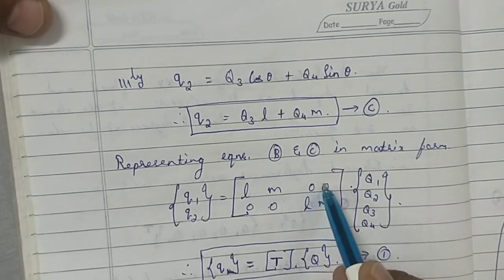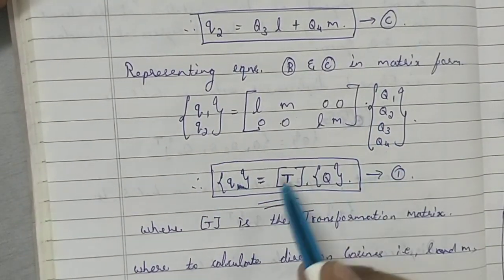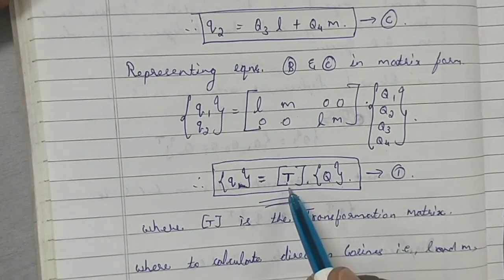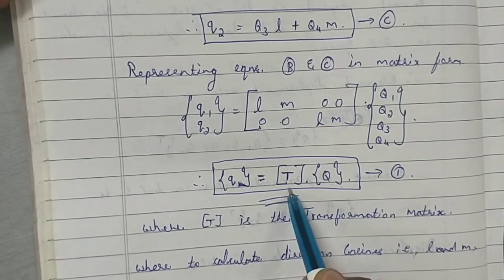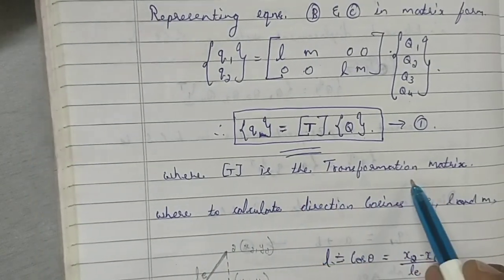So if I multiply this and this, I'll get the same equation. So this I can write in a much simpler form. Small q is equals to matrix T, or transformation matrix T, into Q, where T is the transformation matrix.